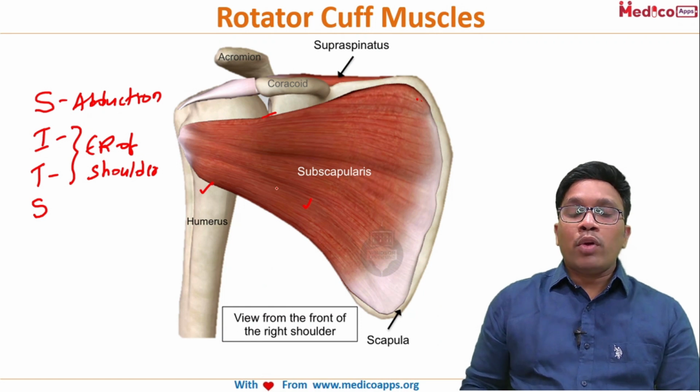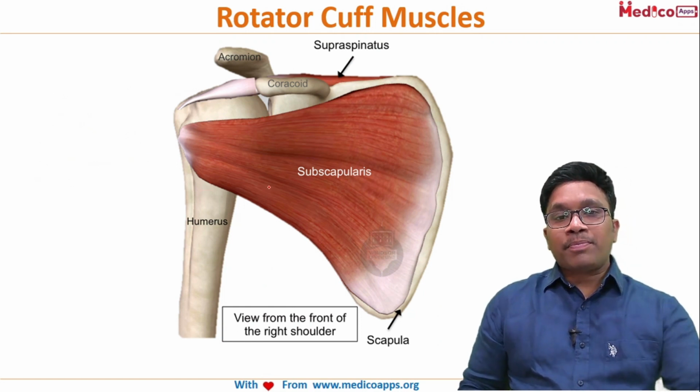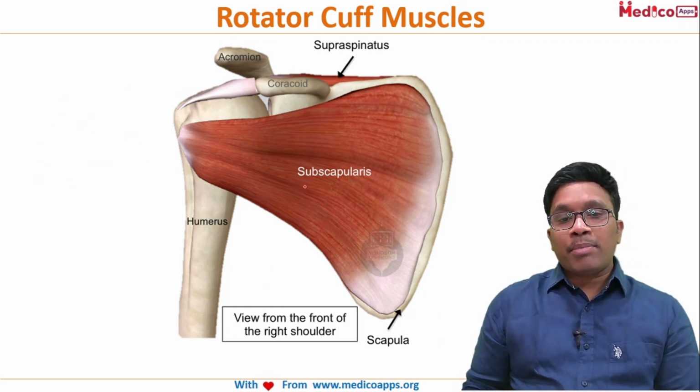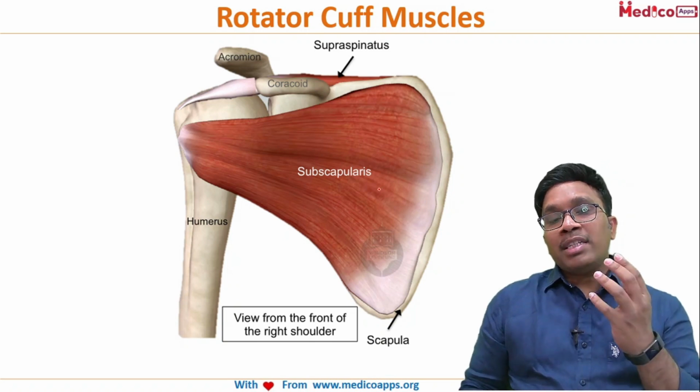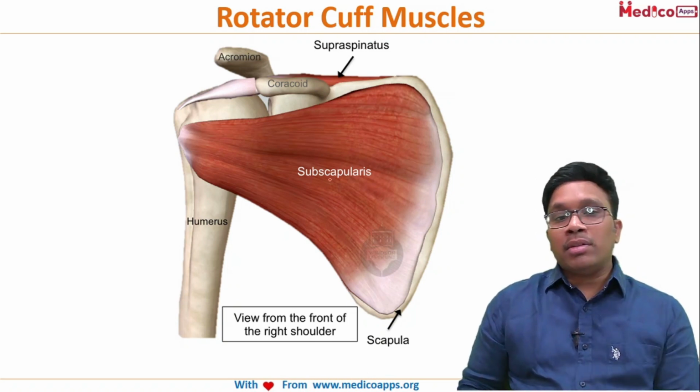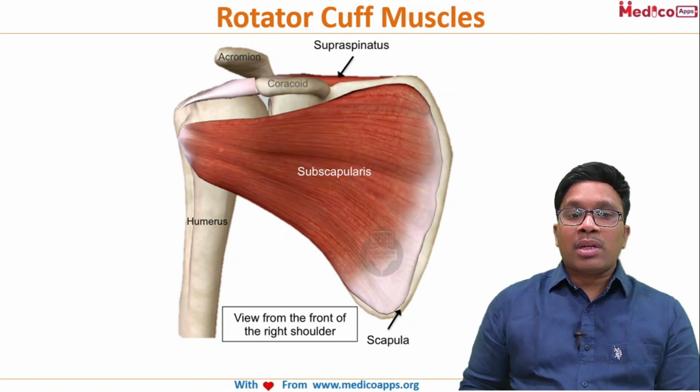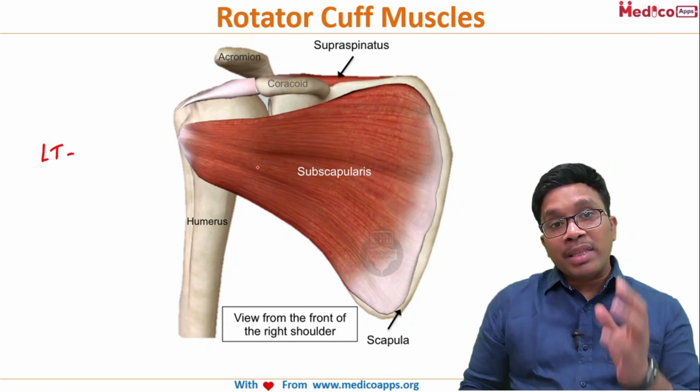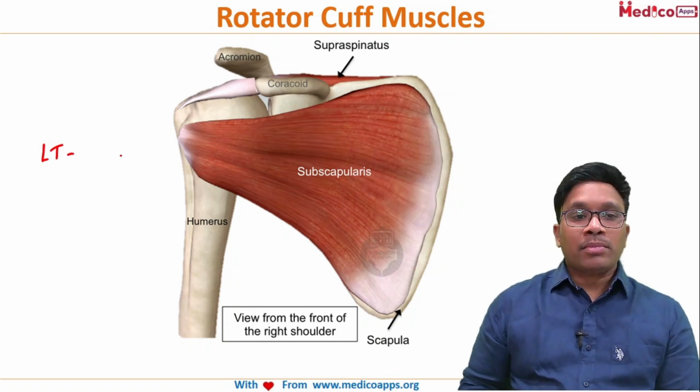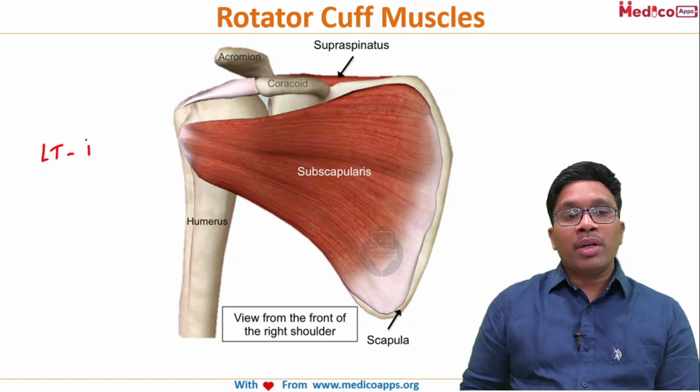Okay, then if you look at the subscapularis, this muscle originates from the anterior aspect of the scapula, courses and inserts on the lesser tuberosity. So when this muscle contracts, the shoulder would go into internal rotation.